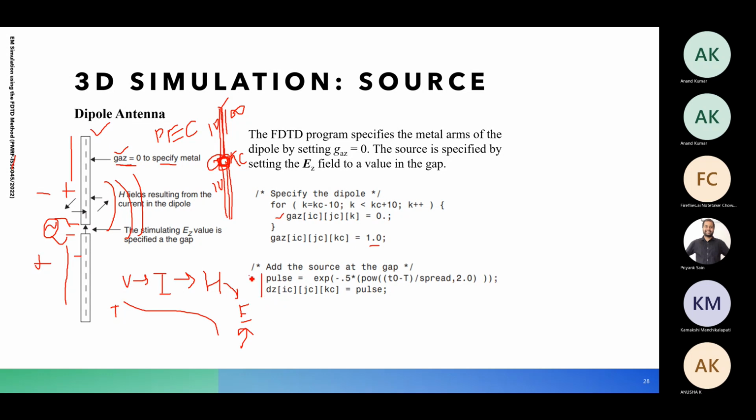We excite a pulse, we assign this Gaussian source to this pulse variable, and then we assign this pulse variable to dz. This we have already done. We are just giving this Gaussian pulse in the middle of these two wires, which will excite both the ends, and will have this particular thing acting as a dipole antenna.